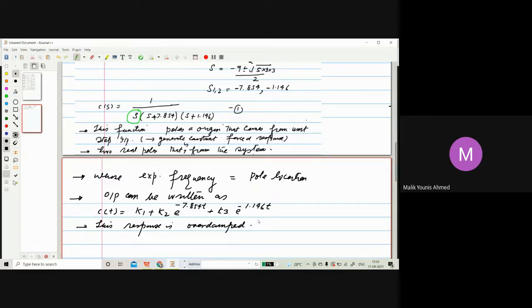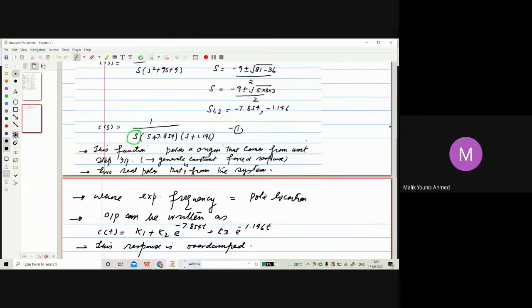Now we can see that when we have located the poles, the poles will tell us the form of the response, without any calculations of partial fractions and without any calculations of inverse Laplace. We can still have an idea about the response, so it is very important. Now we can have a look here.